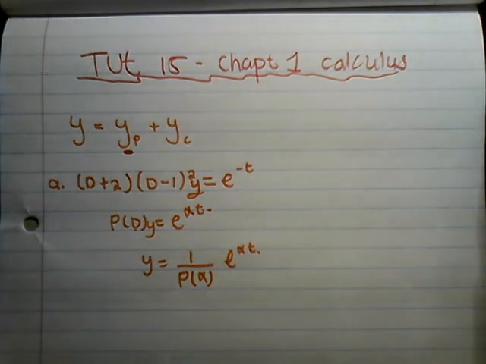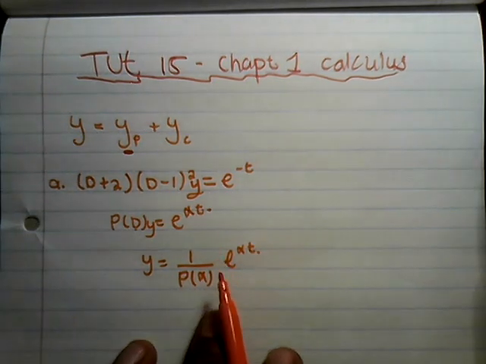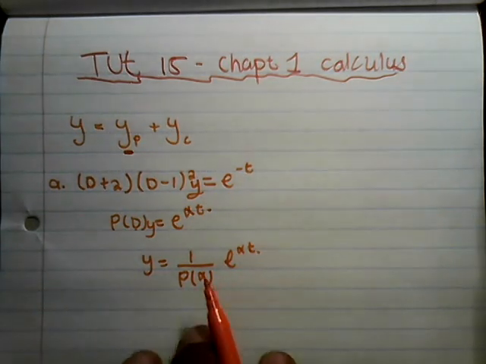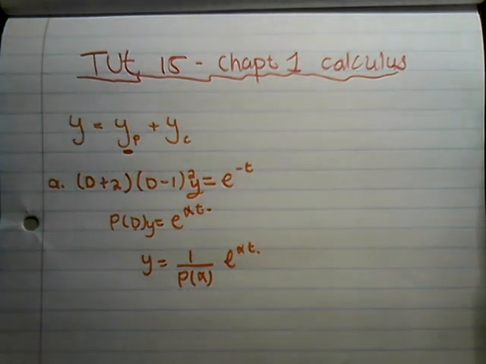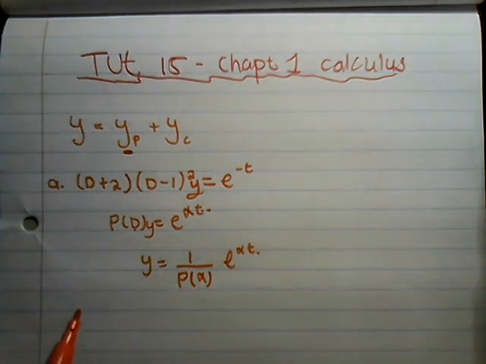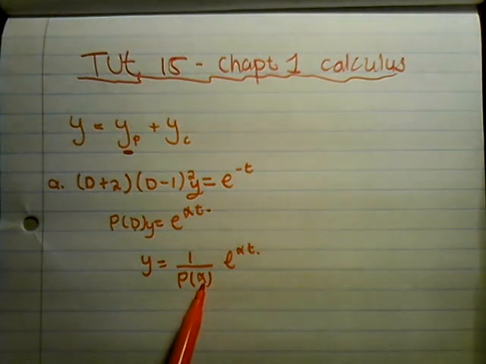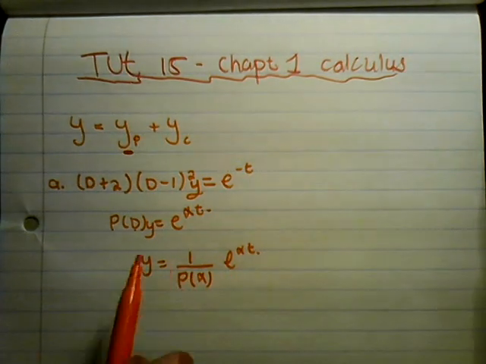But if, when we substitute alpha, we get 0, then we have to do something else. I'll do that question in another video, because tutorial 15 doesn't have a case where alpha gives 0.